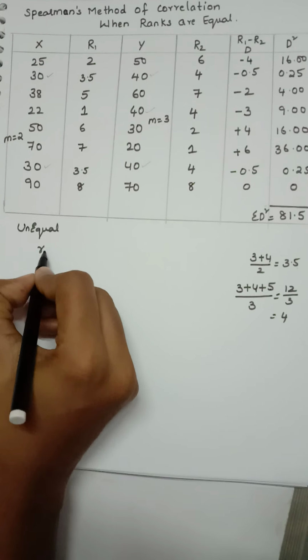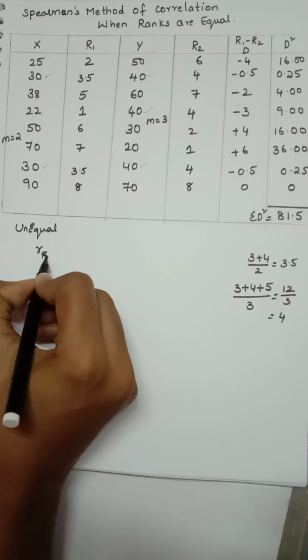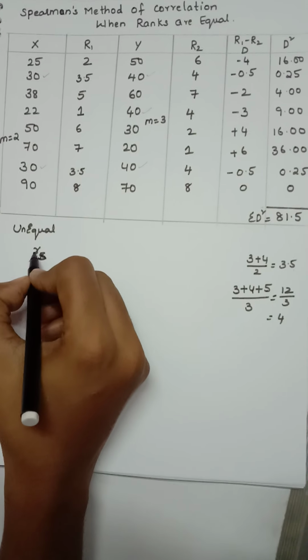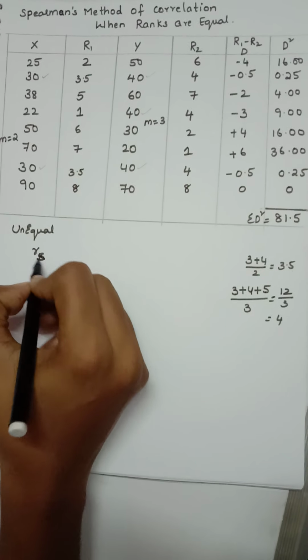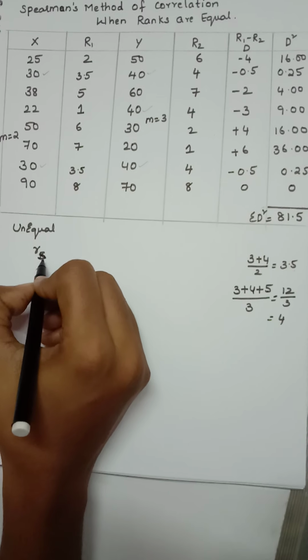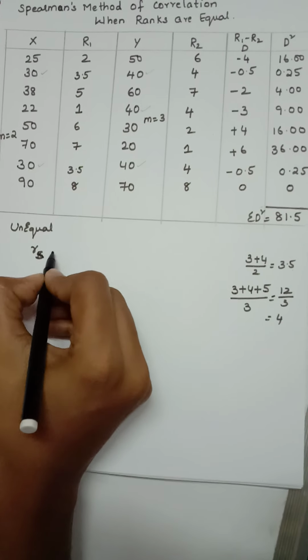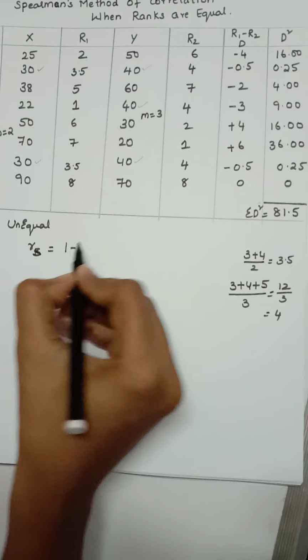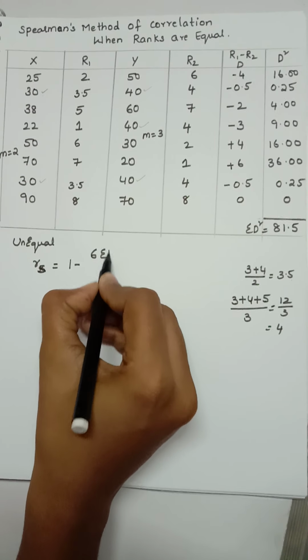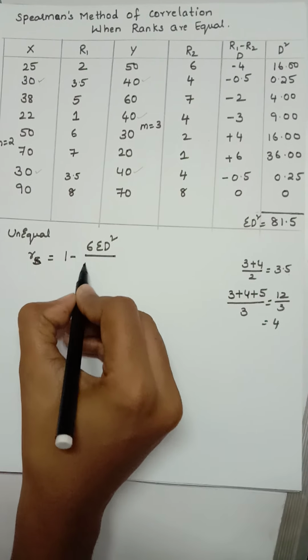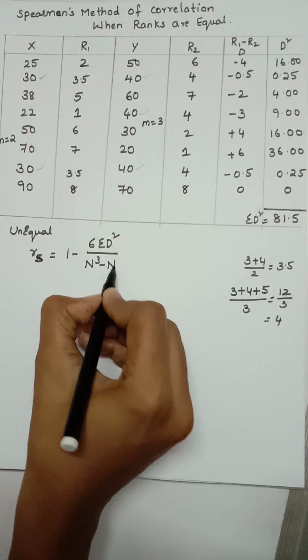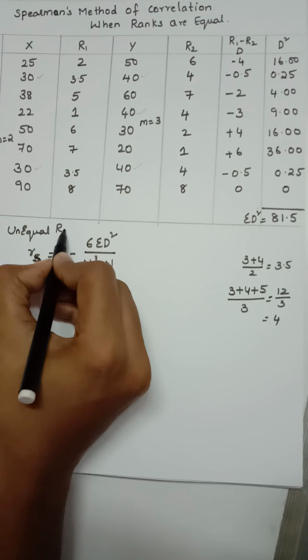It's nothing but Rs, the coefficient of correlation under the Spearman method, is equal to 1 minus 6 sigma D square divided by n cube minus n. This is for unequal ranks.